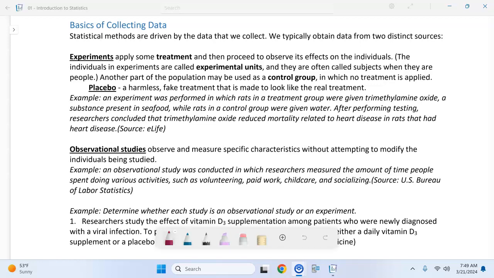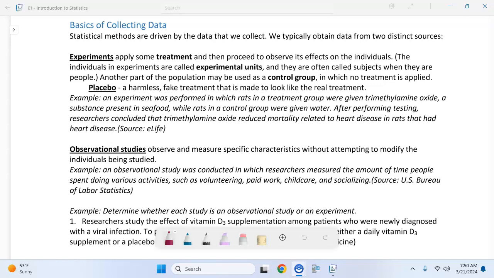After performing testing, researchers concluded that the oxide reduced mortality rate related to heart disease in rats that had heart disease. Okay, so we had a group of rats, it's our population. They were given a treatment of this trimethylene oxide and then researchers observed the results. The result was that the incidence of heart disease went down. Okay, that's an experiment.